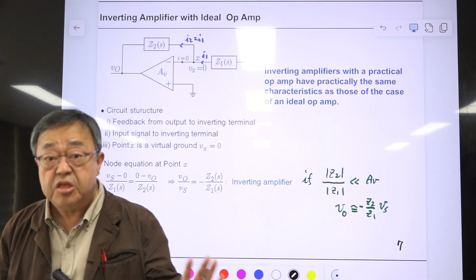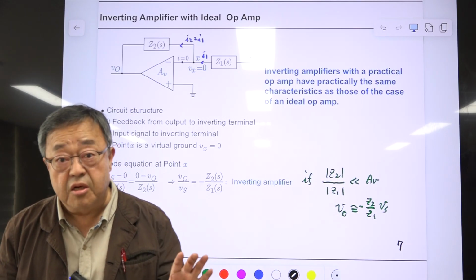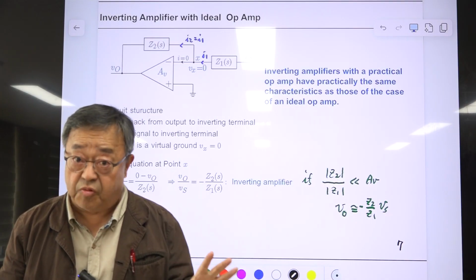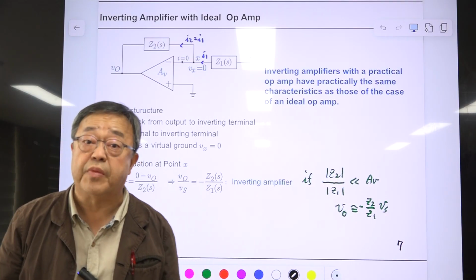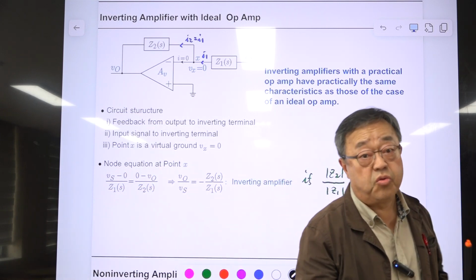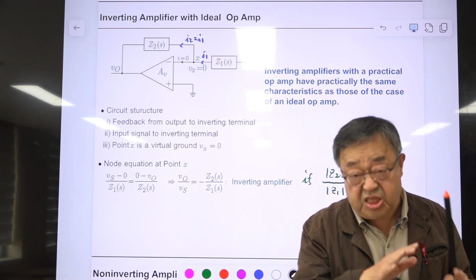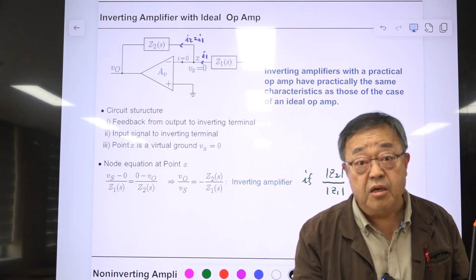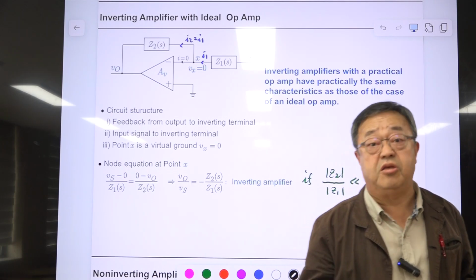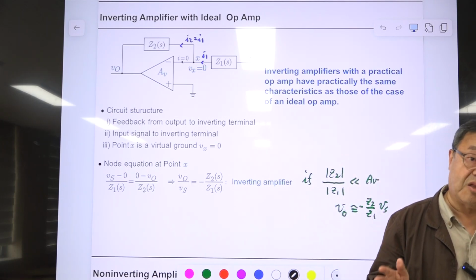So you should consider magnetizing inductance to analyze the saturation of this transformer. If you assume the ideal transformer, everything is ideal, there is no saturation with the DC input, whatever. So you should clearly distinguish between the ideal transformer and the practical transformer.